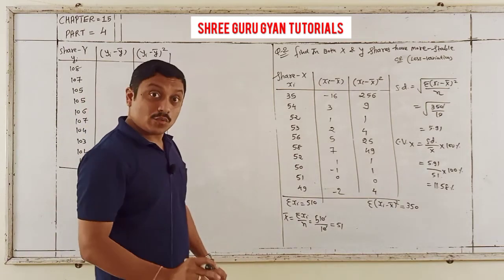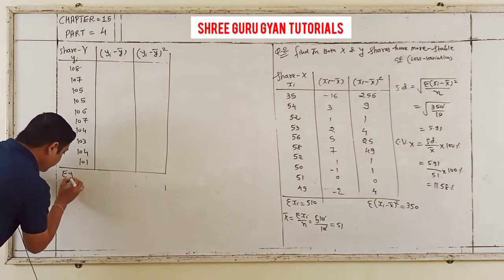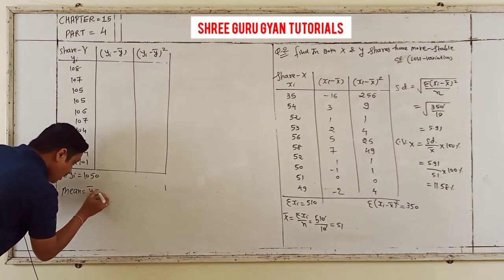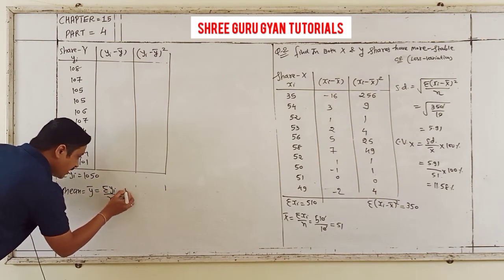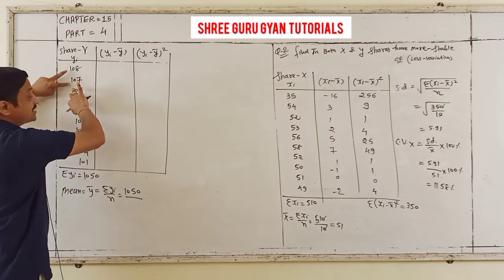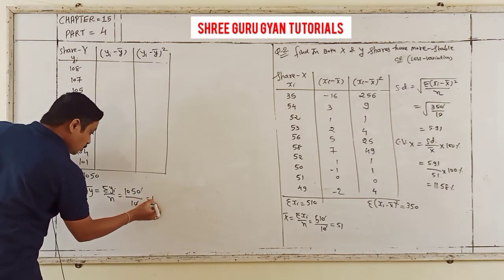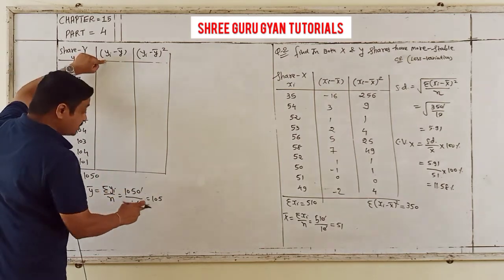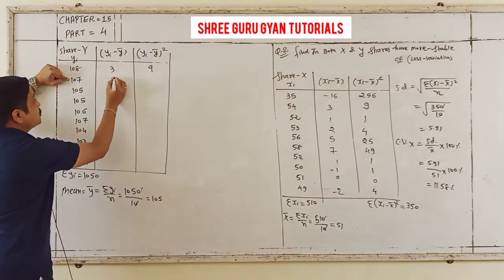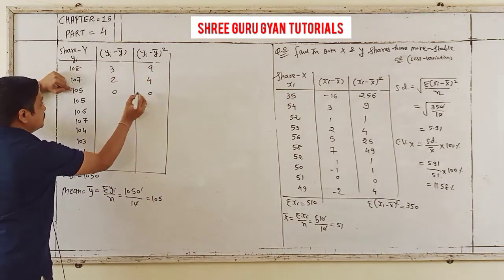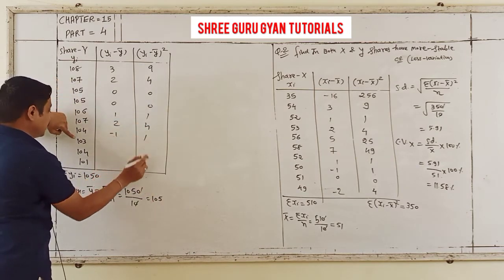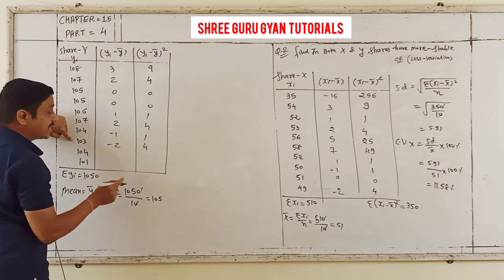Yes, it is 1050, sigma yi 1050, and define y bar, sigma yi by n, 1050 by n, which becomes 10. It is 105. Now yi minus y bar: 108 minus 105, 3, here 9, that same 2, 4, 0, 0, again 0, 1, 1, here 2, 4, next minus 1, 1, again minus 2, but square is 4.